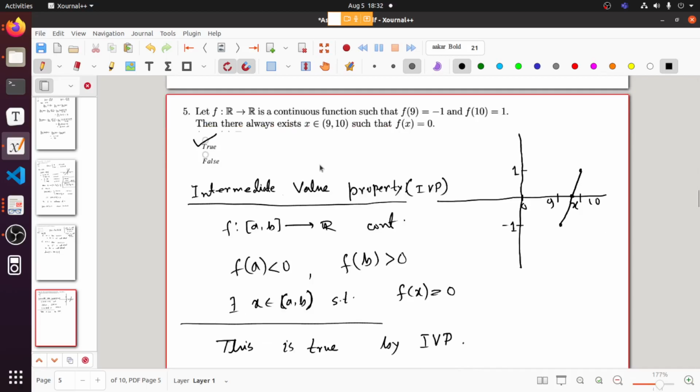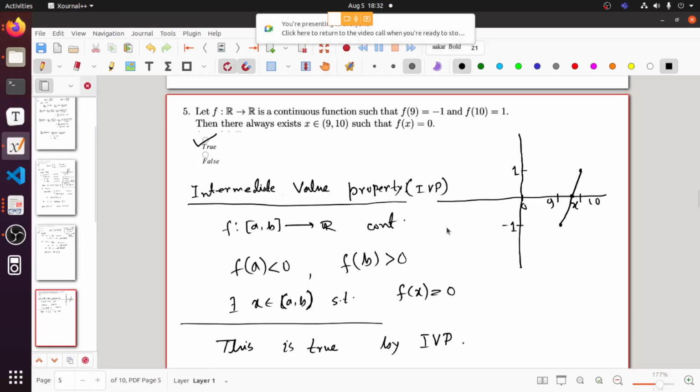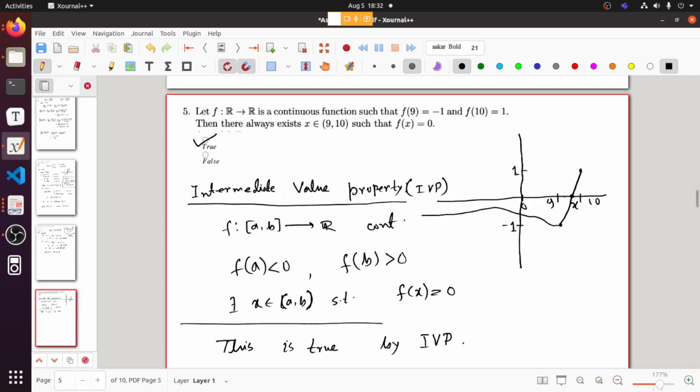Is this argument fine? Any doubt? And note that the function is defined over all of R, so it can be anything. If it takes a negative and a positive value, then it must cross the real axis in between.